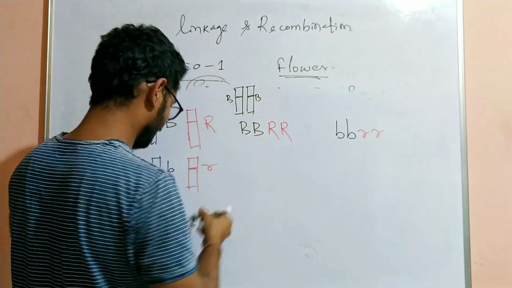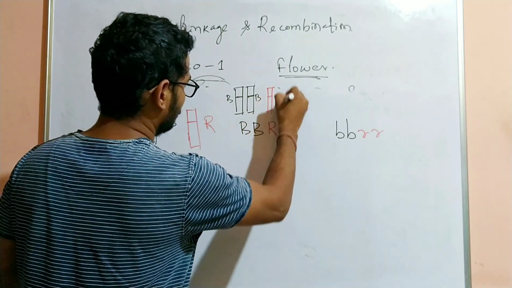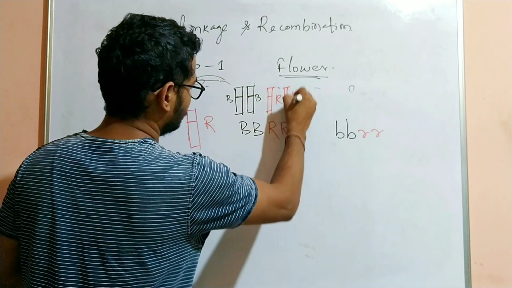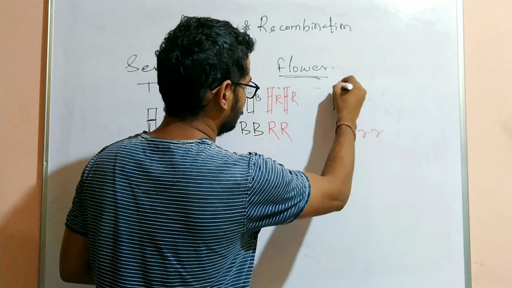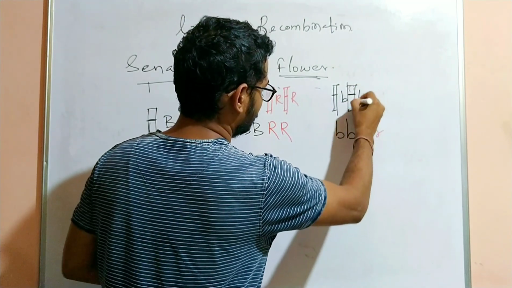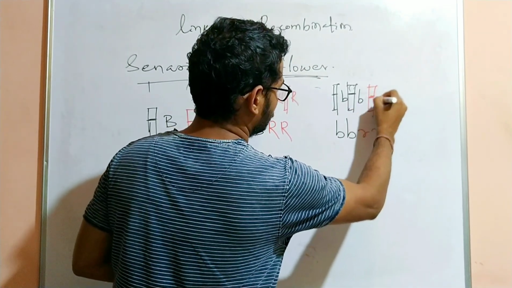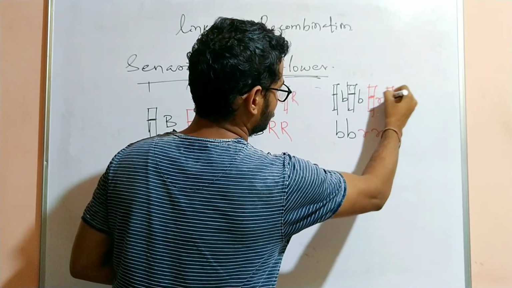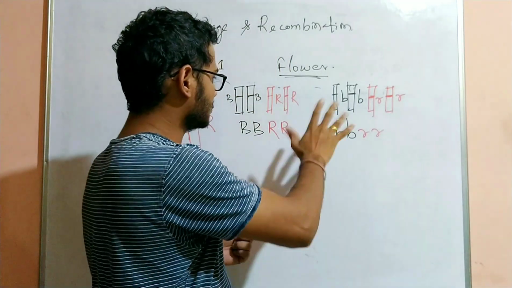Likewise here we have capital R and again capital R. In this case we will have small b, small r. This gene is in one chromosome and this one is in another chromosome. So this is the condition.